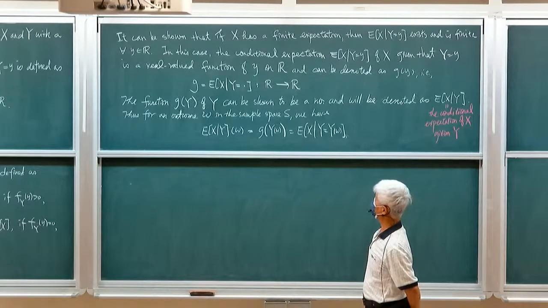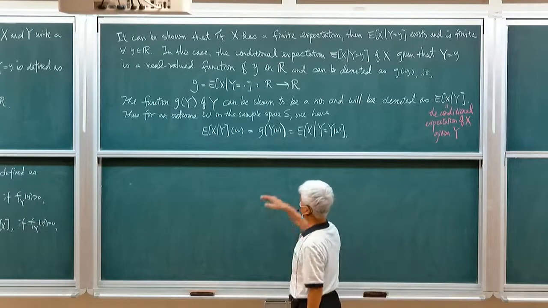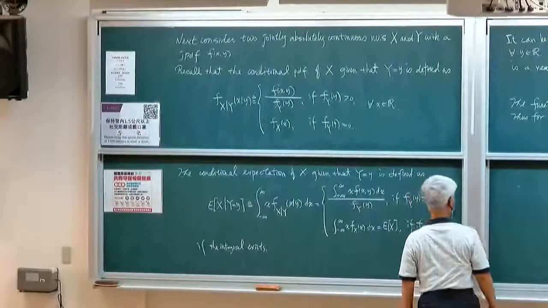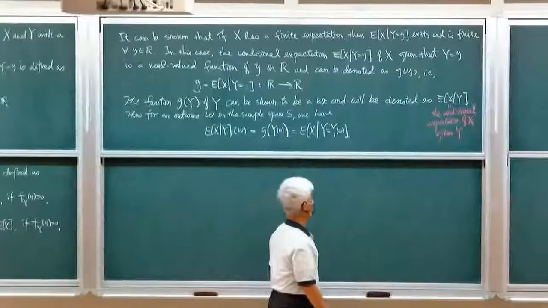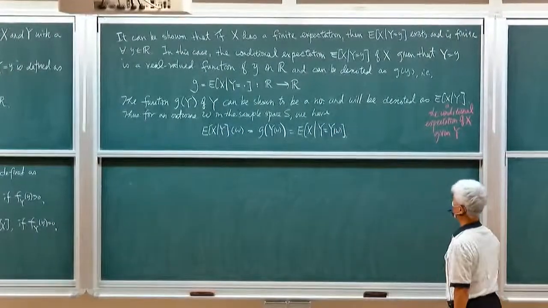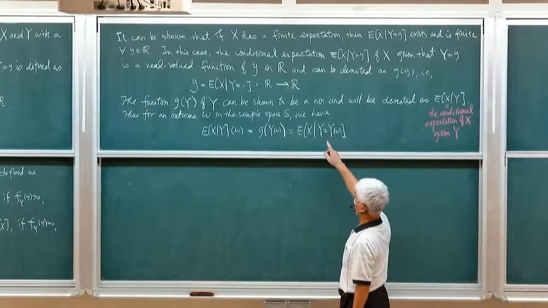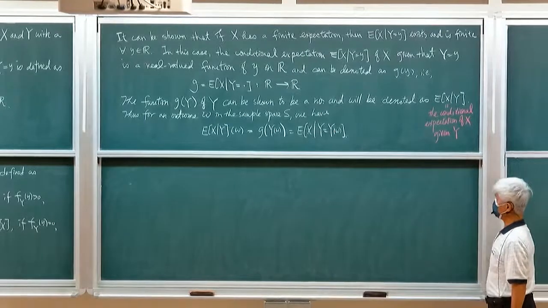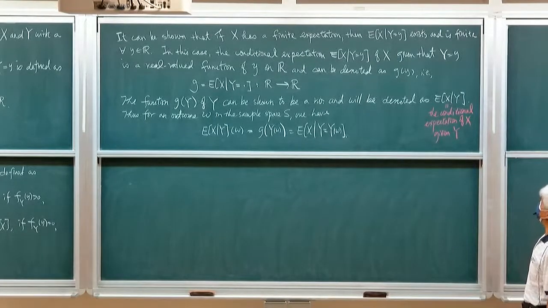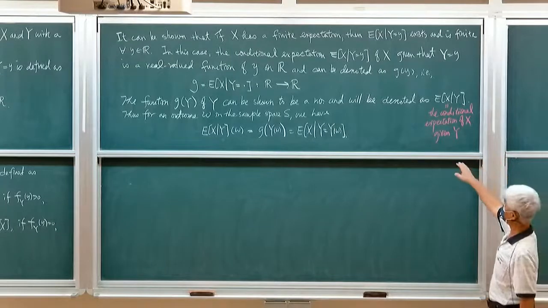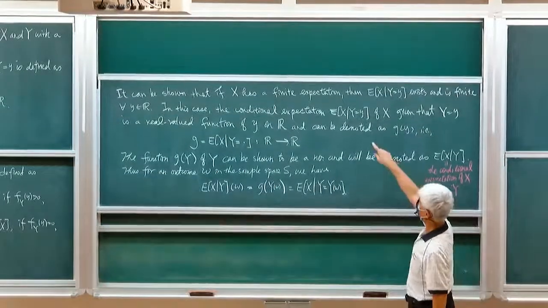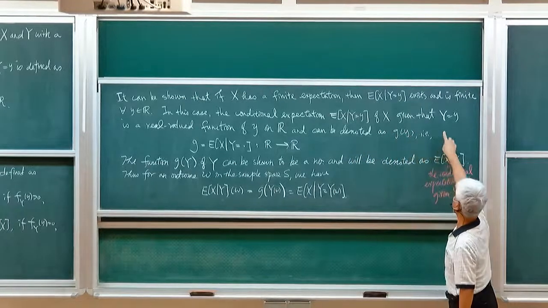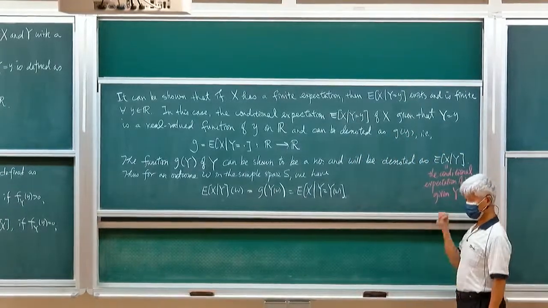But if they are jointly absolutely continuous, then indeed we can define a random variable, and such a random variable contains information about the conditional expectation of random variable X given that random variable Y equal to little y.